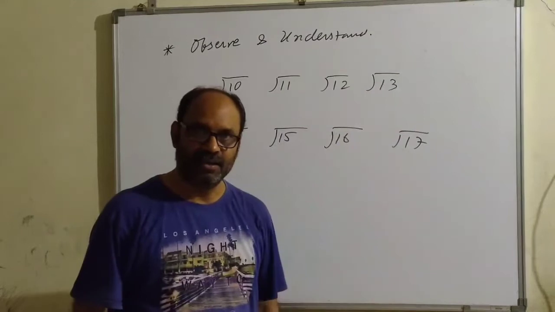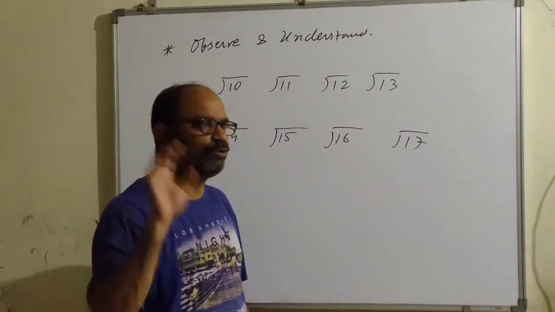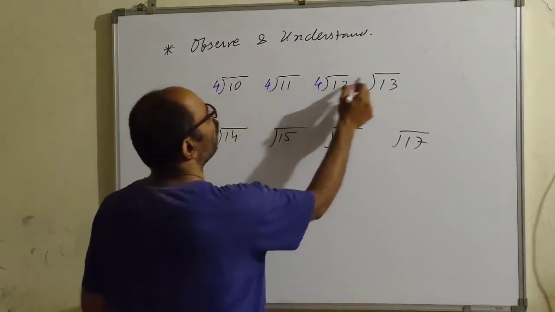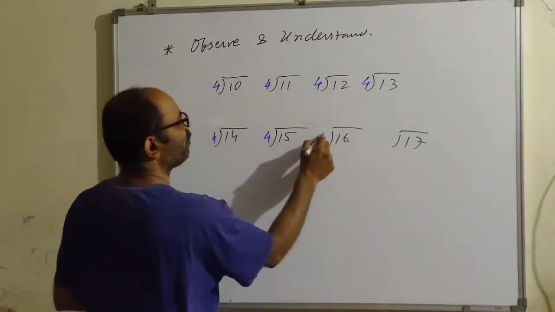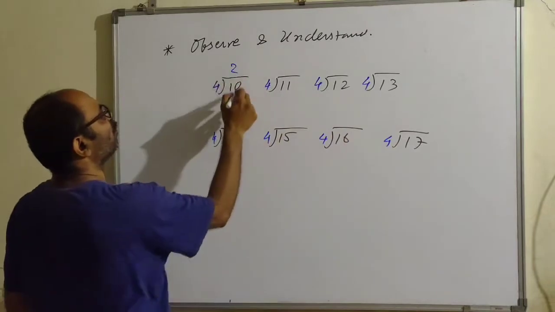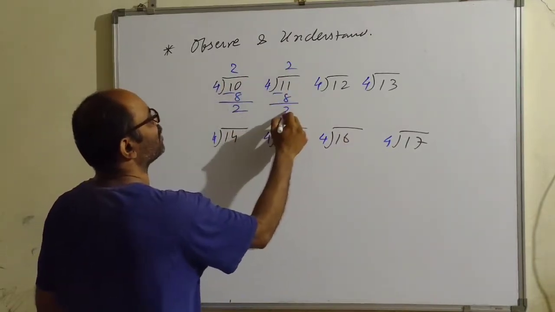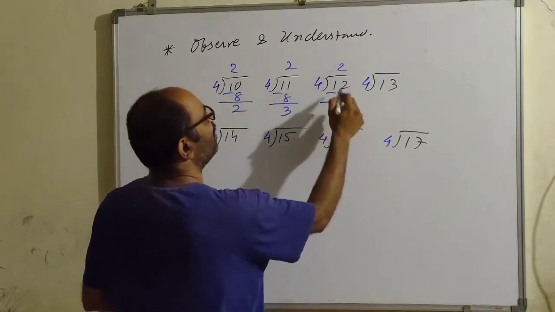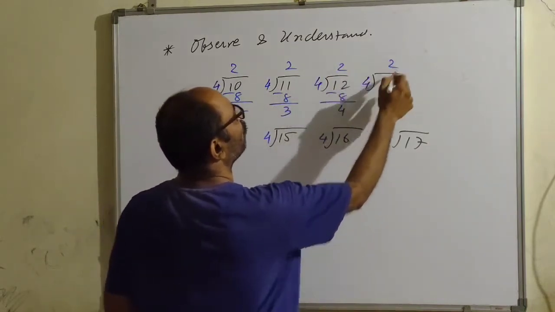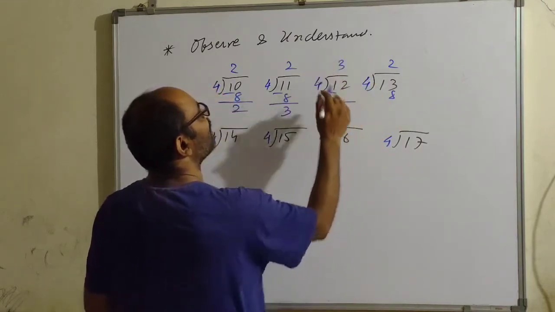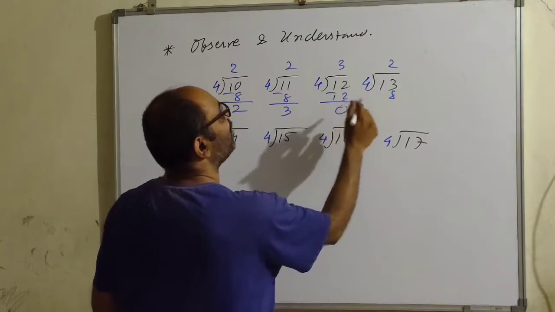Continue 18, 19. But as the divisor, I am going to choose only one number. Let me take 4. 4, 4, 4, 4. 4 2s are 8, 10 minus 8, 2. 4 2s are 8, 11 minus 8, 3. 4 2s are 8, 12 minus 8 is 4. Sorry, 4 3s are 12 and the remainder is 0.